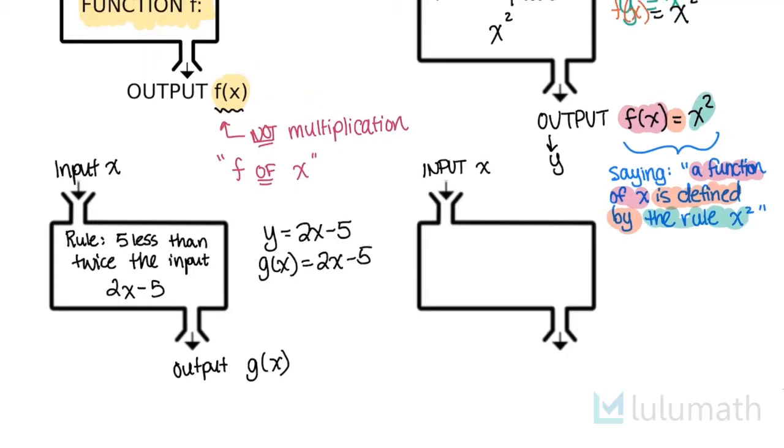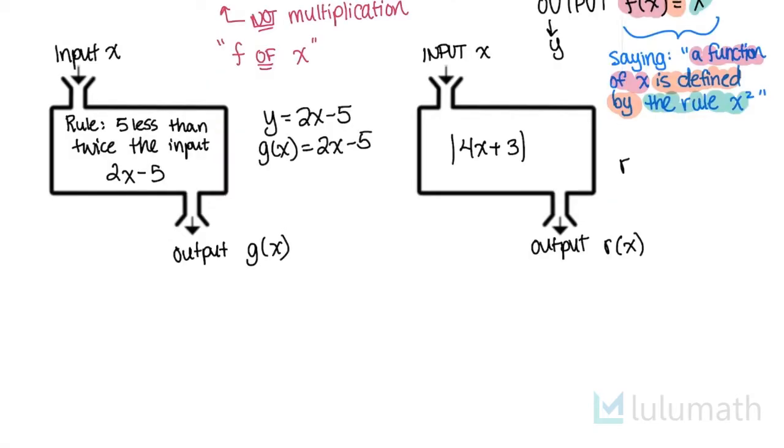And in our last example, we still have an input of x. And again, you can use any letter that you want. It doesn't have to be x, just like we didn't have to use f for our function. And our rule was the absolute value of 4x plus 3. It gives us our output. Again, we don't have to use f of x or g of x. We can use any letter we want. So here, I'll just use r of x, just because I randomly decided to do r of x.